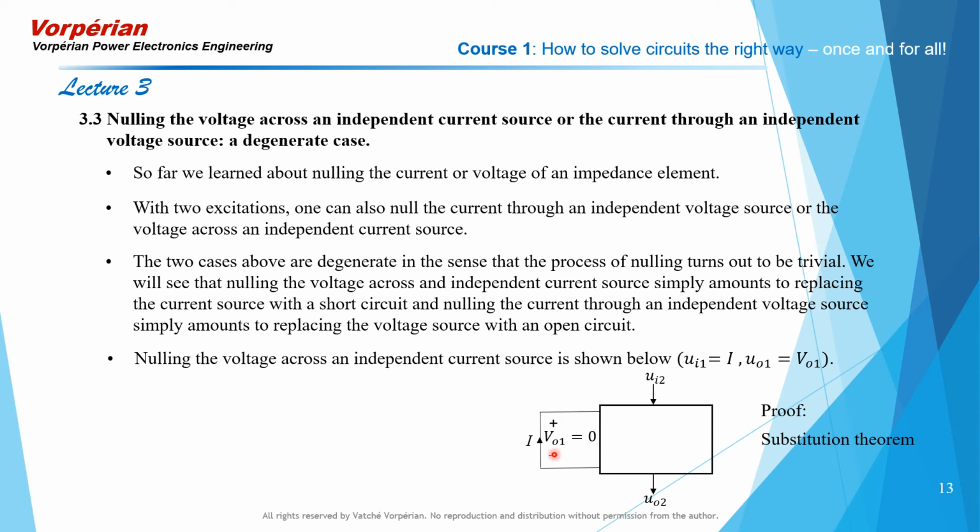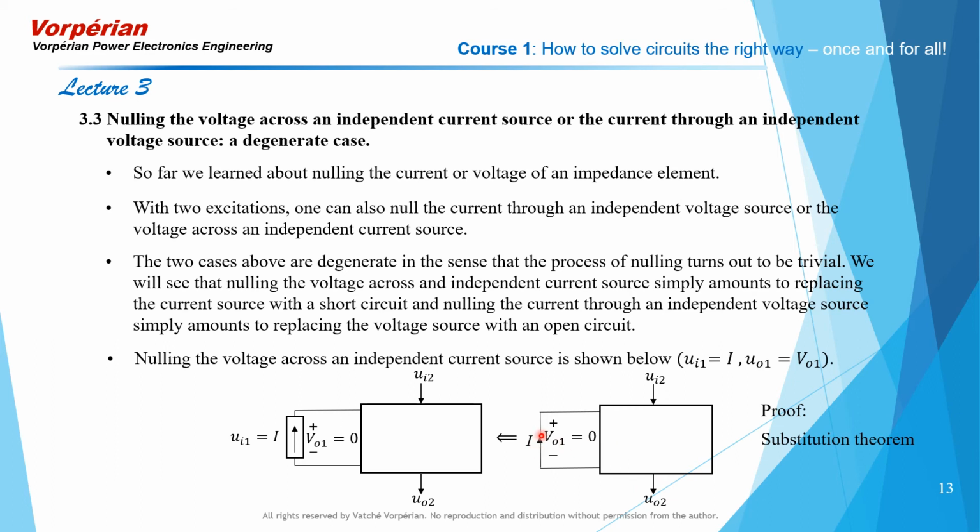The substitution theorem tells you you can replace any such branch in the circuit with a current source which has 0 voltage across it, and its value is identical to the current that you get with the presence of this input 2 inside the circuit here.